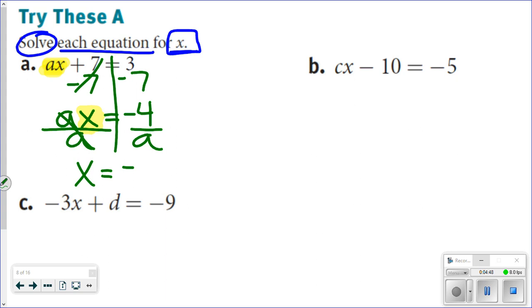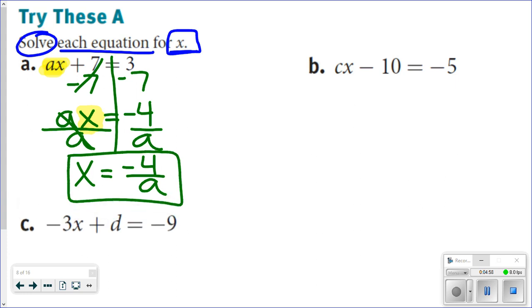Those are not both numbers. They're not both letters. So I need to leave that alone. And that becomes my final answer. X equals -4 divided by a. That's in simplest form. It's reduced. You can't do anything else with that answer.